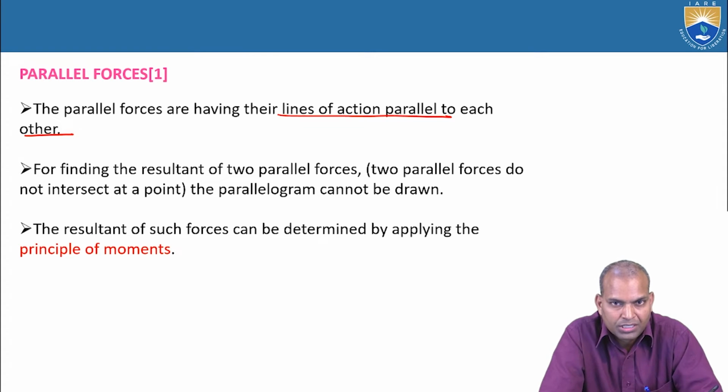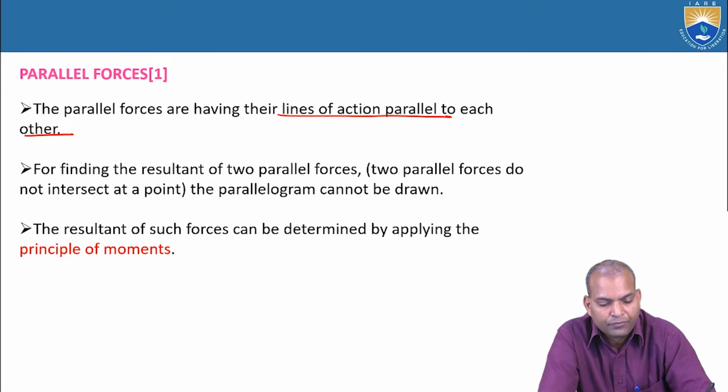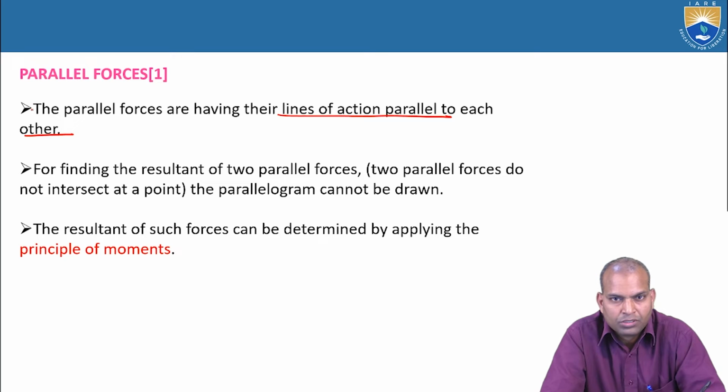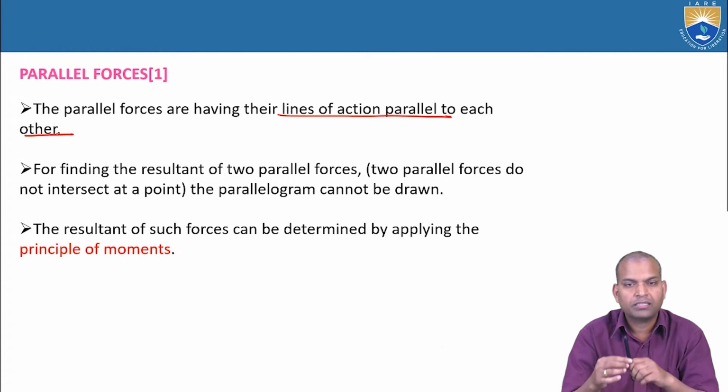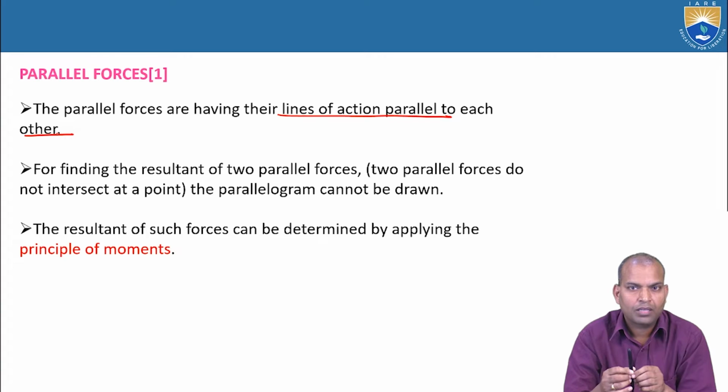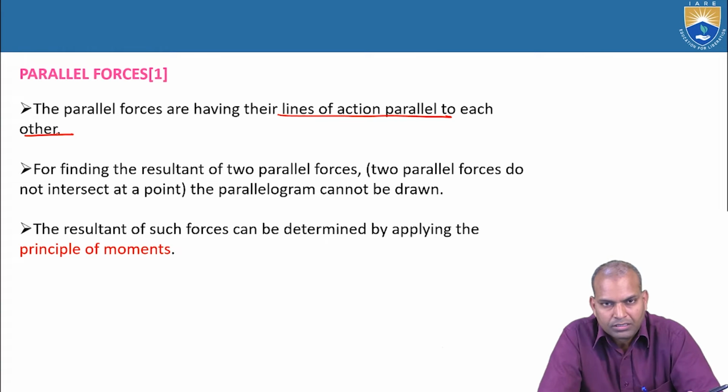The limitation is that for finding the resultant of two parallel forces, we can't apply the parallelogram law of forces, because a parallelogram can't be drawn when two forces are acting parallel to each other. So here the parallelogram law is not applicable.